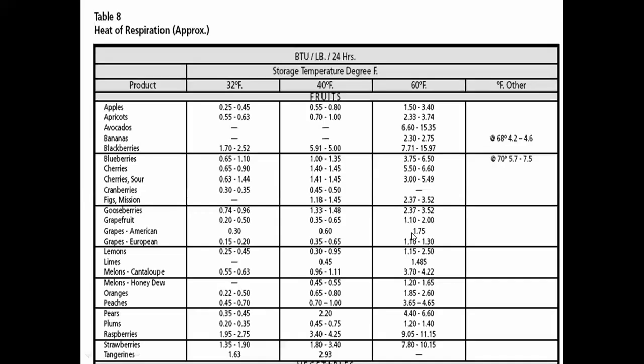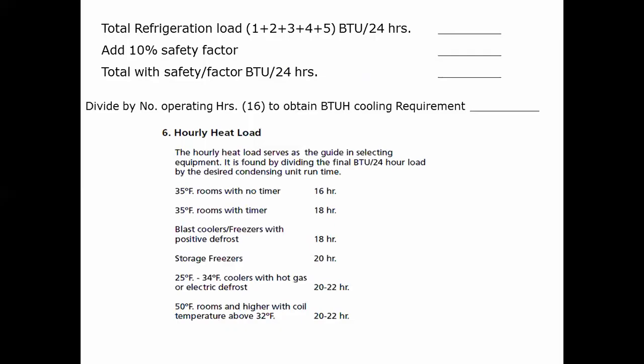Now what we have to do is the total refrigeration load. You have to add all these things, 1 plus 2 plus 3 plus 4 plus 5, all the 5 steps. I think you'll be getting 335313 BTU per 24 hours.